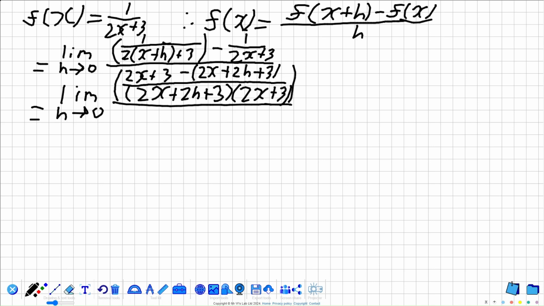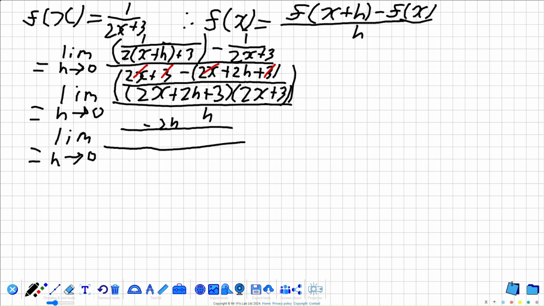Close that bracket, and that is over h, and then that will equal the limit as h approaches 0. And what we can notice is, before even evaluating some of this, these two values will cancel, and these two, which align with the ones that don't have h in them. So we can just evaluate and we have negative 2h over, we'll write this big equation again, 2x plus 2h plus 3, and then 2x plus 3.